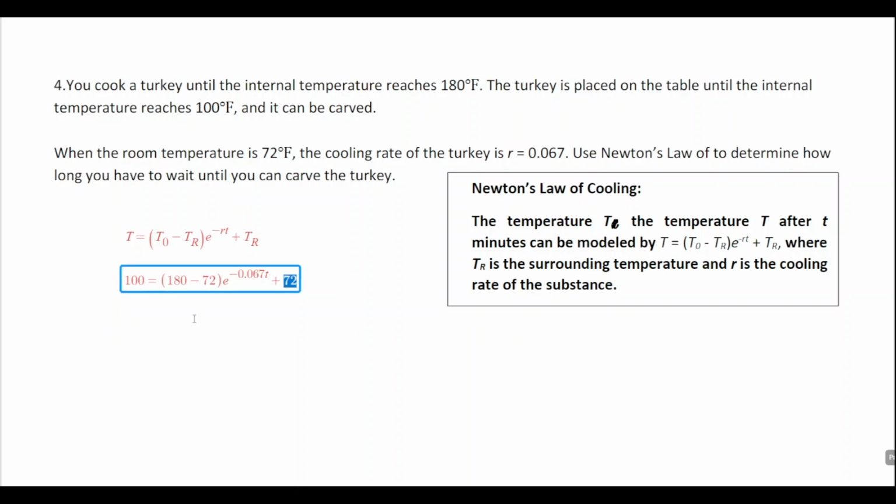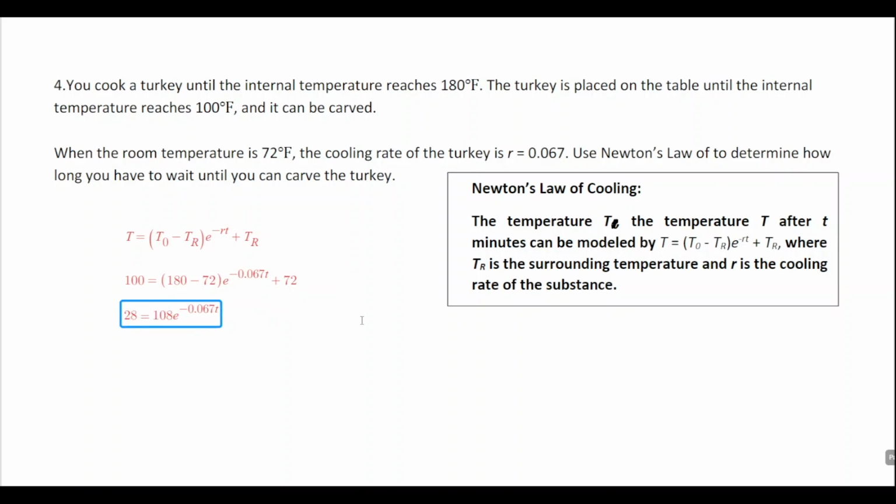So I'm going to first subtract 72 from both sides of the equation. 100 minus 72 is going to be 28. I guess I can also, on this step, do the 180 minus 72, which is 108.